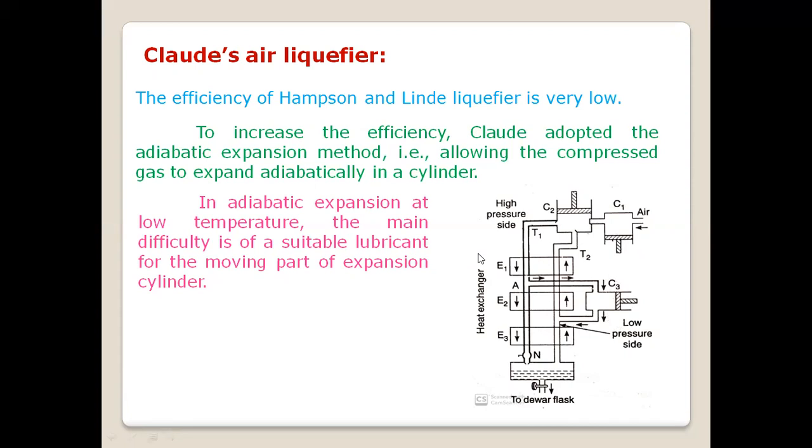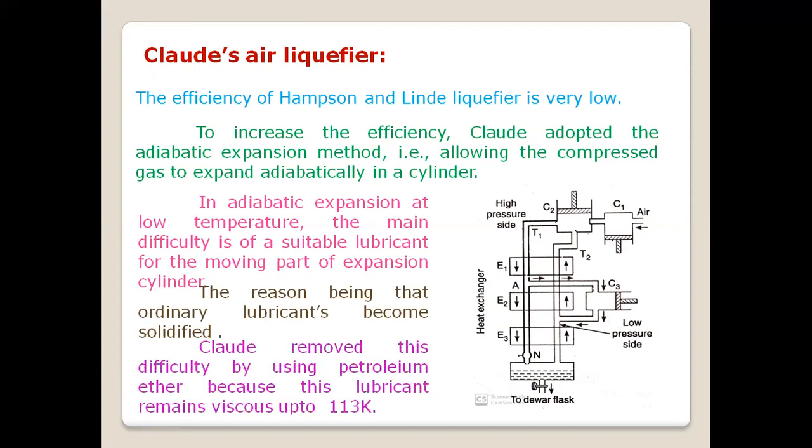But most lubricants are in solid state at very low temperatures, and for the air liquefier we want very low temperatures. So Claude used one of the best lubricants, called petroleum ether. This petroleum ether stays viscous down to 113 Kelvin and cannot be solidified. That is the specialty of the Claude air liquefier.